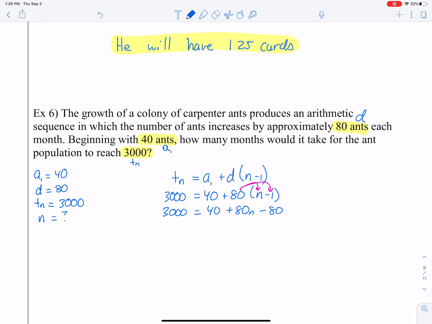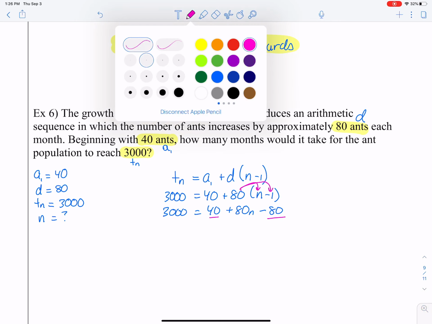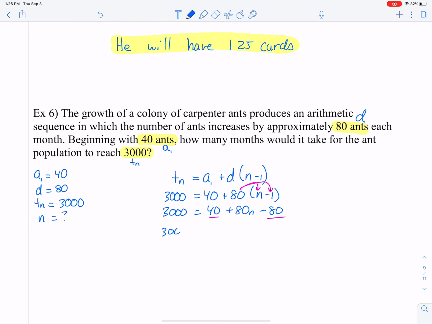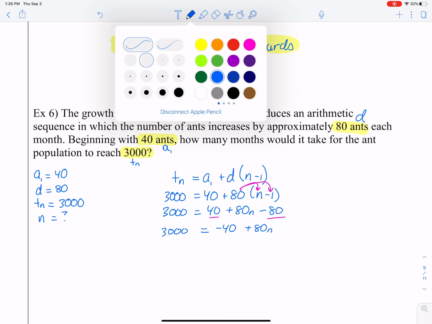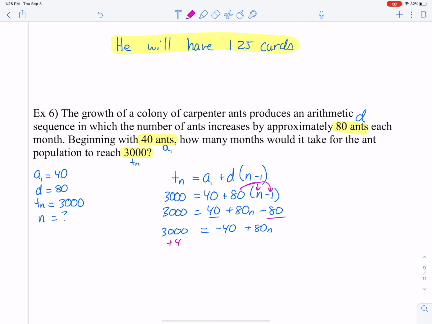Then we need to combine the 40 and the negative 80. So we're going to have 3,000 is equal to 40 minus 80 is negative 40 plus 80N. We're going to add 40 to both sides. So we get 3,040 is equal to 80N.